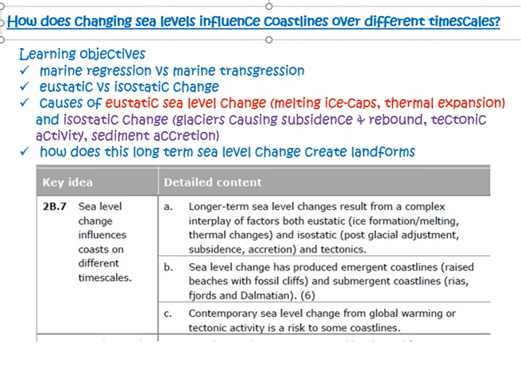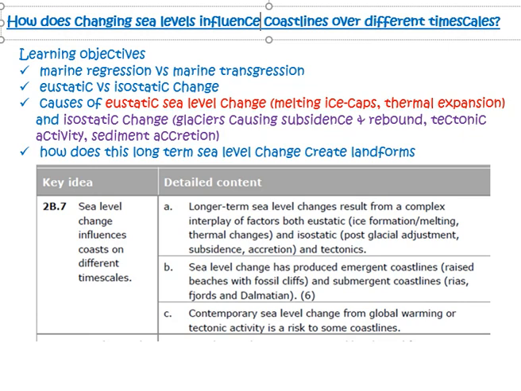Marine regression just means where the sea level drops and produces an emergent coast. So if we think back to first or second lesson with me, we looked at Valentin's model, and there were 4 quadrants on that model. One was an eroding coastline, which would be retreating.